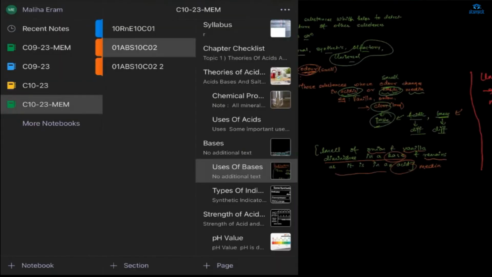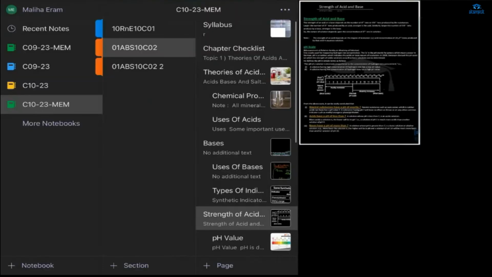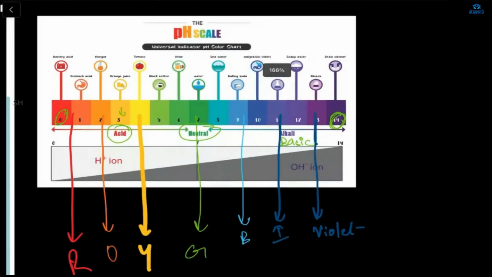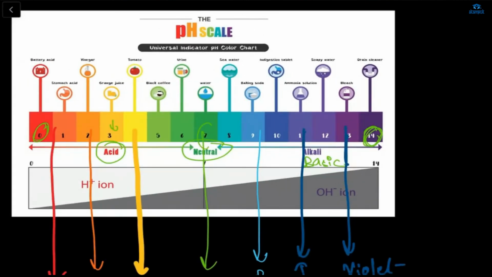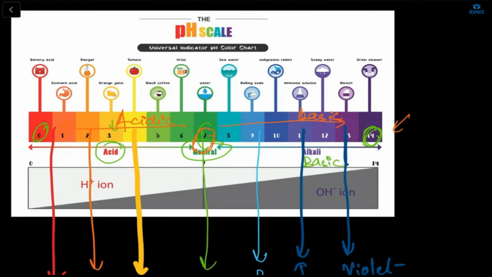Why? Because see here. This is my pH scale. Here, this 7 is my neutral part. This part is my basic, and this is my acidic part. Now, this pH value is determining the strength. If my pH value is 14, then it's very strongly basic.